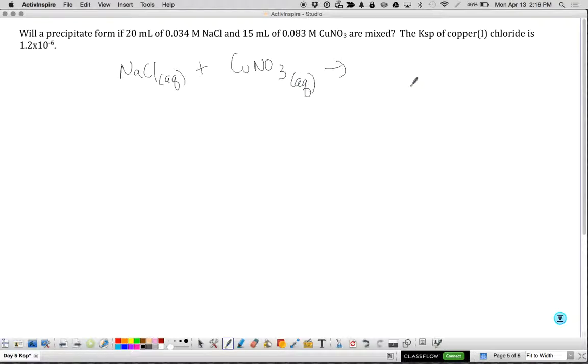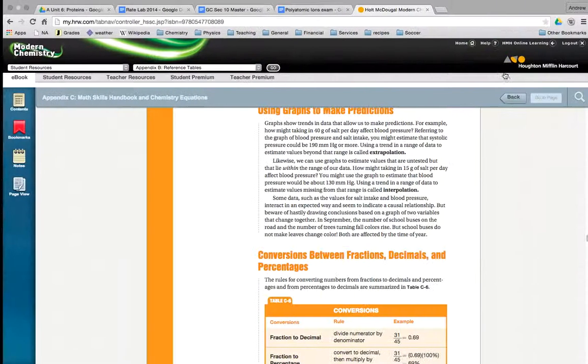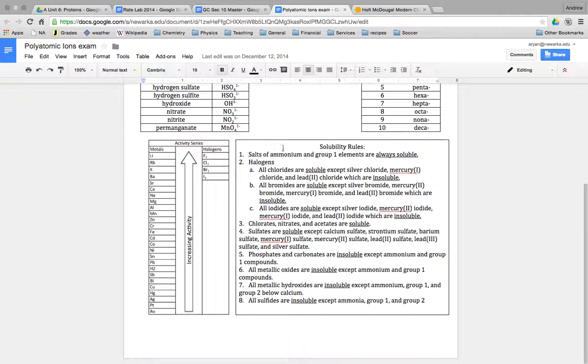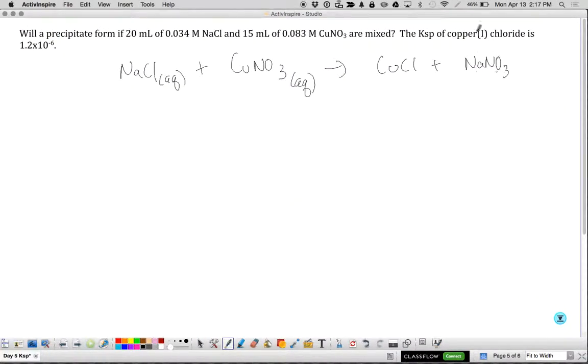So when I do the double displacement, I'm going to get copper 1 chloride plus sodium nitrate. Now sodium nitrate, if I look at my solubility rules, salts of group 1 elements and nitrates are always soluble. So sodium nitrate is very, very soluble. So we're just going to call that aqueous.